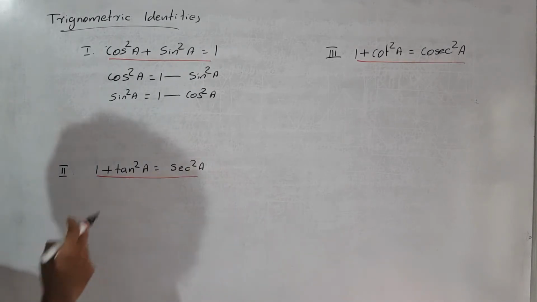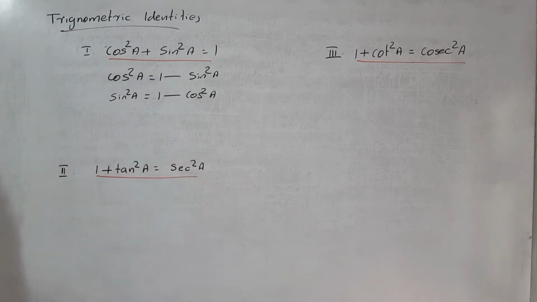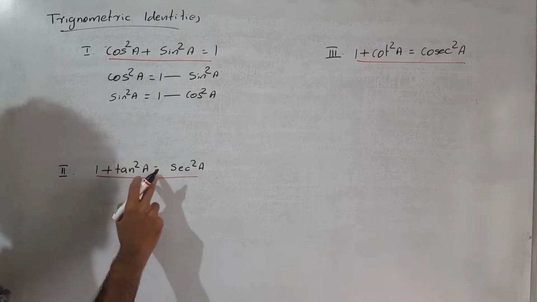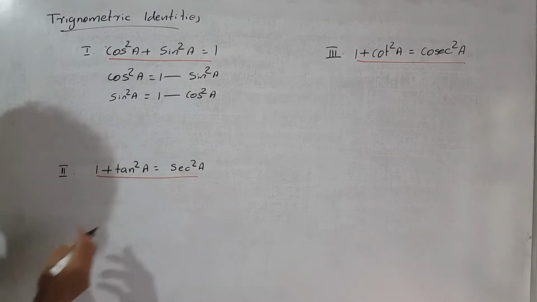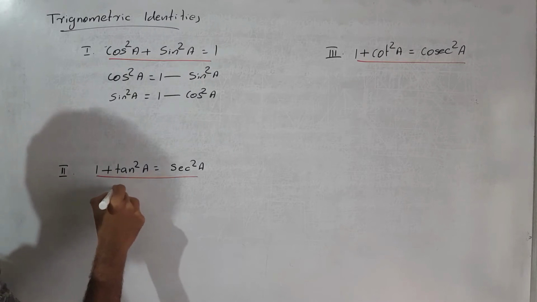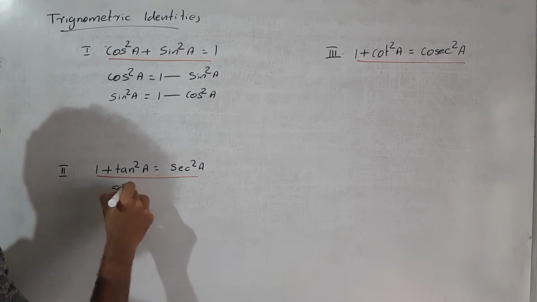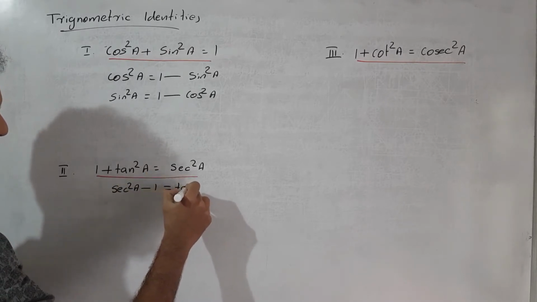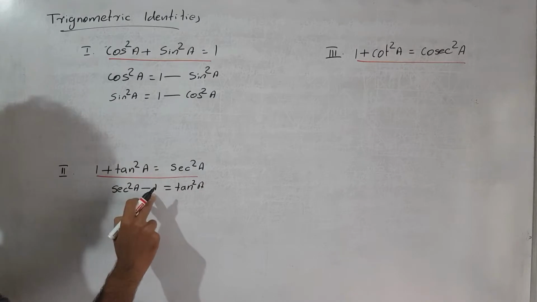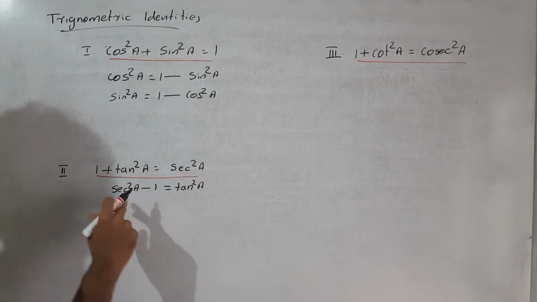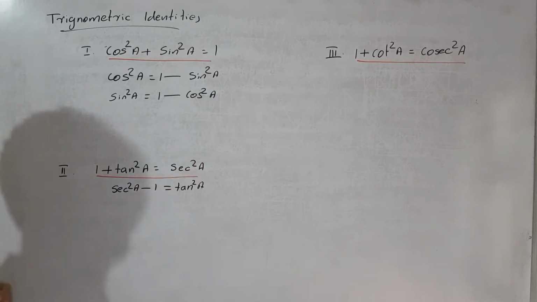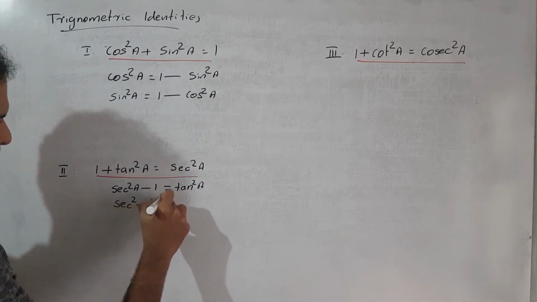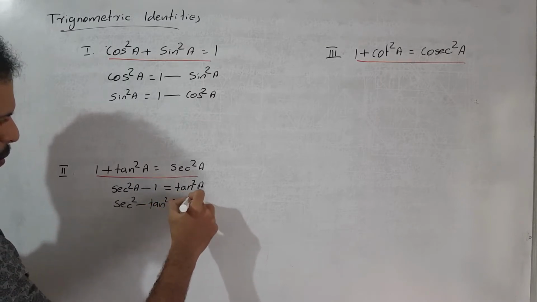Then from the second one, 1 plus tan square A is equal to sec square A, we get the result. What is tan square A? Sec square A minus 1 is equal to tan square A, or sec square A minus tan square A is equal to 1.